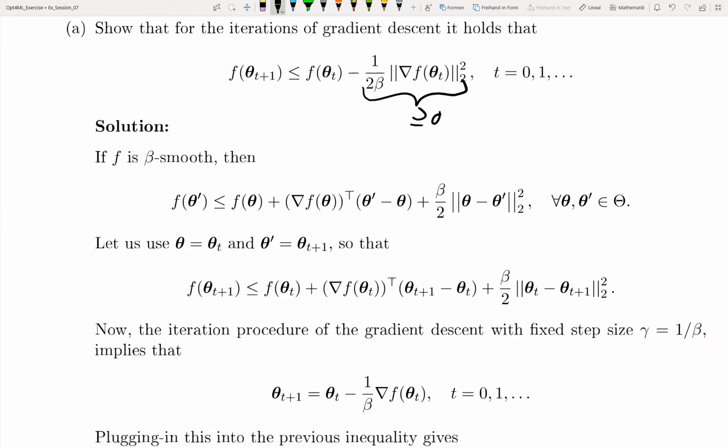Not necessarily exactly, but it's quite similar if we would have a diagonal matrix as the Hessian matrix. Again, I can only reiterate myself again and again when I talk about beta smoothness.